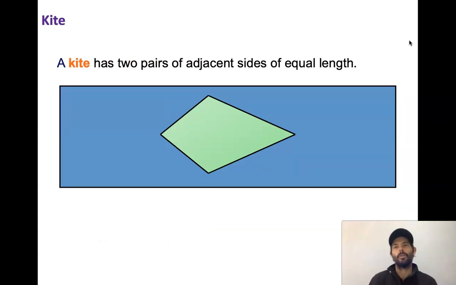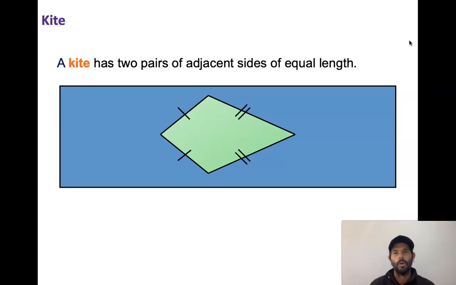Right, another quadrilateral is a kite. Quite often I have students calling this a diamond. So please, it's a kite, it's not a diamond. And here you see the word adjacent. Adjacent means two sides that share a common vertex or a common corner. So those two sides are adjacent to each other, and they are of equal length.